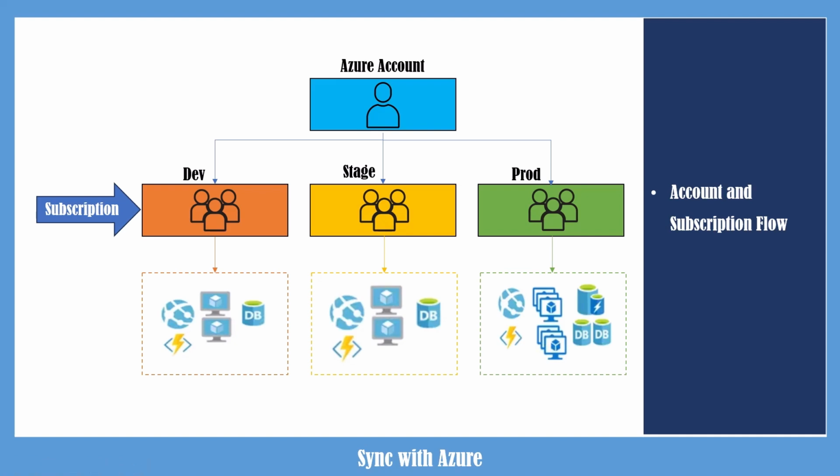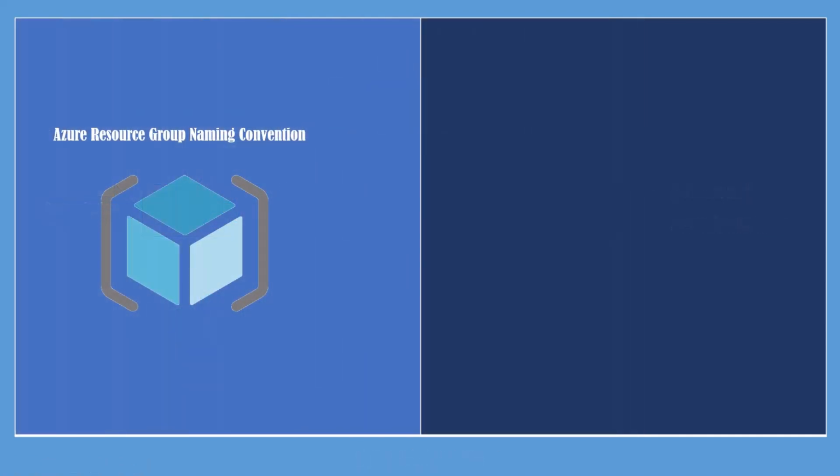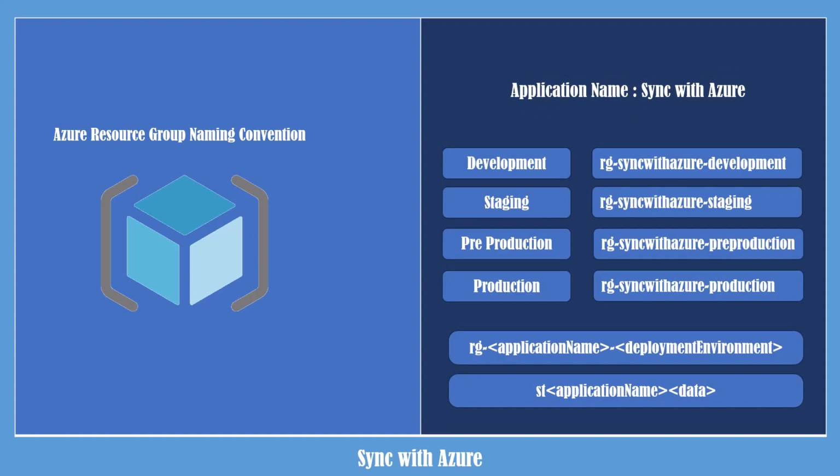Now we will talk about the naming conventions of resource group and the storage account. Suppose I have an application named Sync with Azure. For development we will create the Azure resource group as RG, Sync with Azure is my application name and development is the environment.